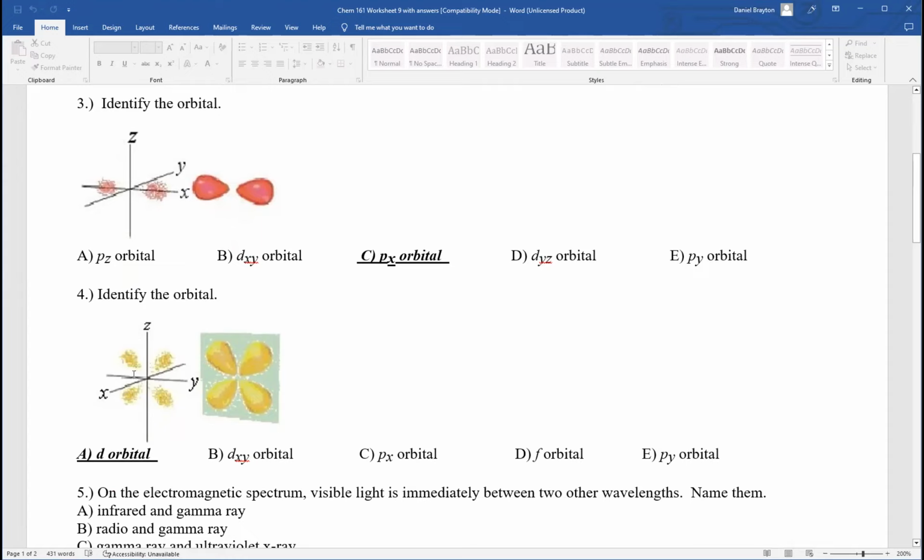These seem to be sticking up, not in the plane of X and Y. So it's got to be probably DZY. But anyway, generically, what you'd see on the test is like a P orbital, a D orbital, an S, or an F. And 4 lobes is clearly a D.